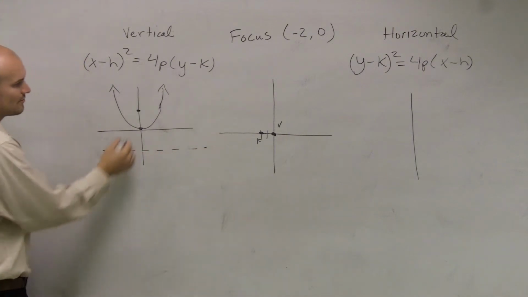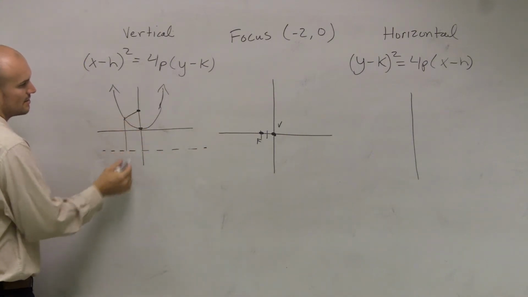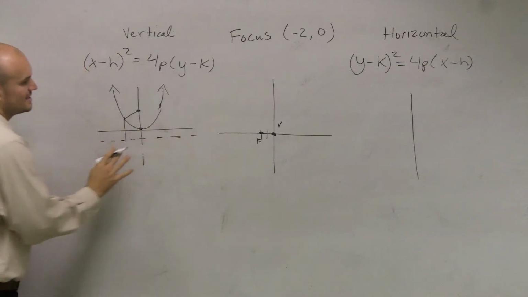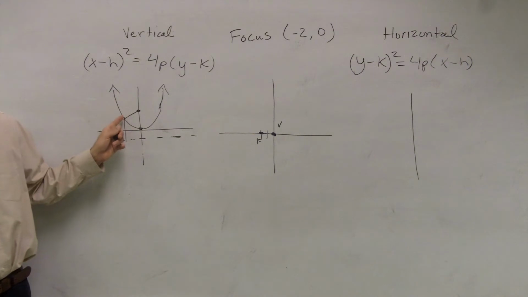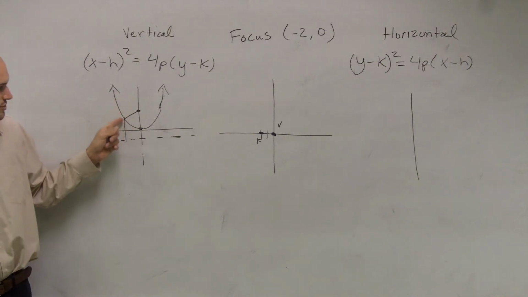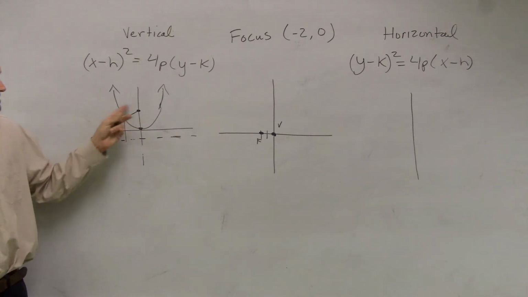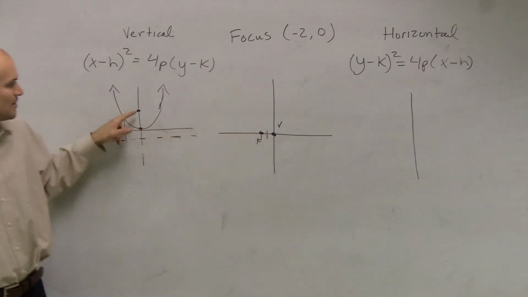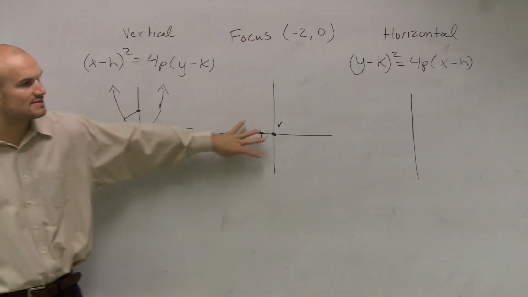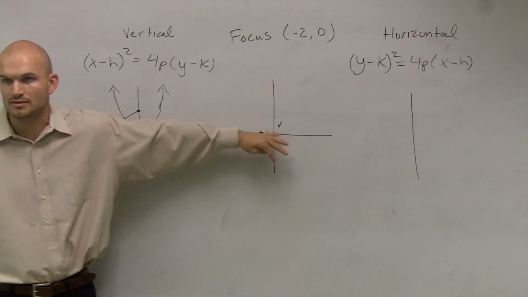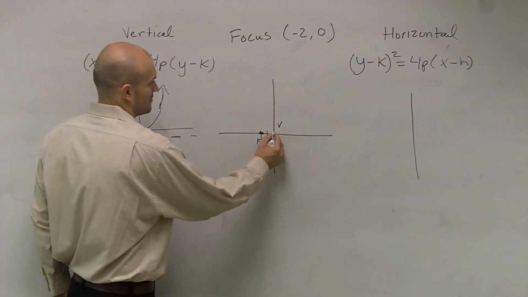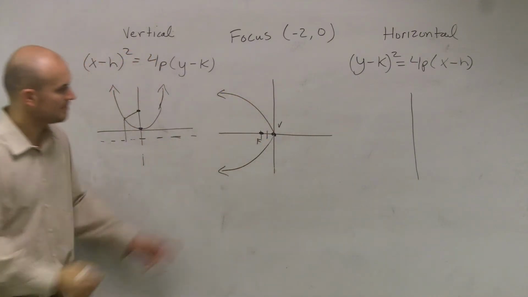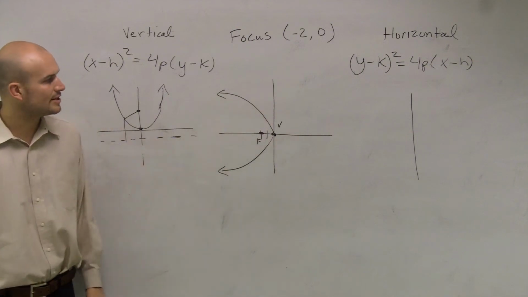The special thing about that relationship was that the distance from your focus to any point on the parabola was equal to the distance from that point to your directrix. So remember, your focus has to be inside your parabola. So obviously my parabola has to open up to the left.